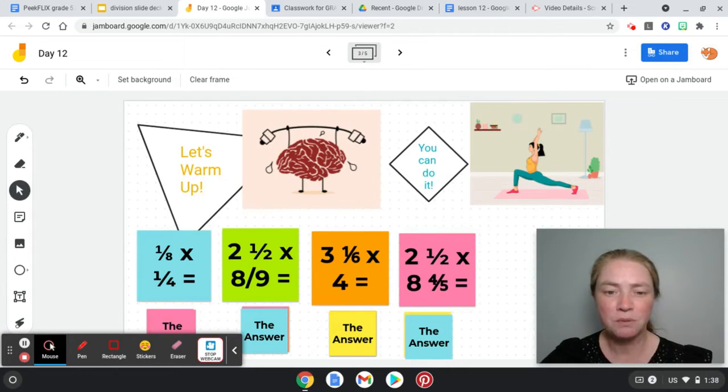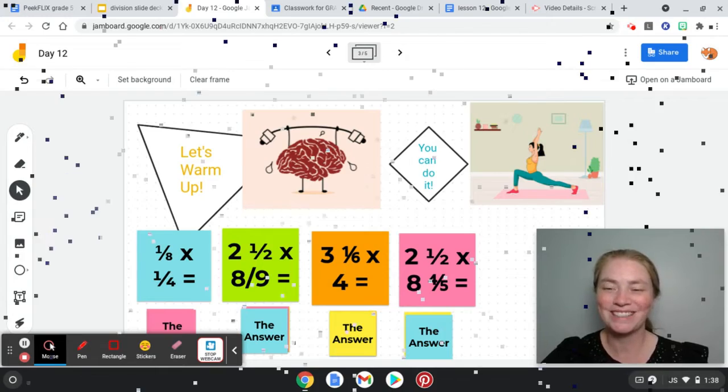We have 2 1/2 times 8/9, a mixed number times a fraction. Next, we have 3 1/6 times 4, a mixed number times a whole number. And for our last example, we have 2 1/2 times 8 4/5, a mixed number times a mixed number. I will be doing this on a side paper, and then I will reveal the answers for you. Stay tuned.